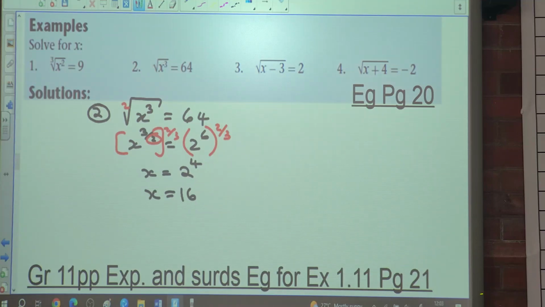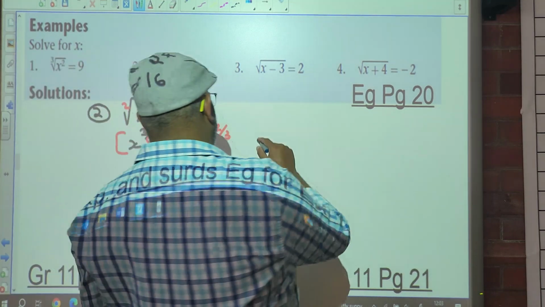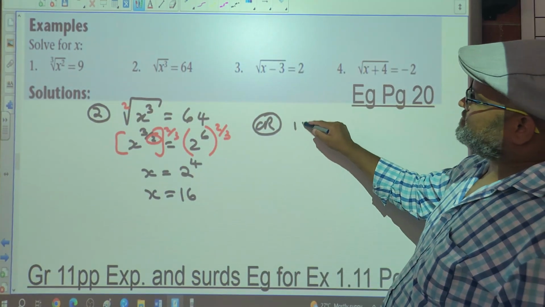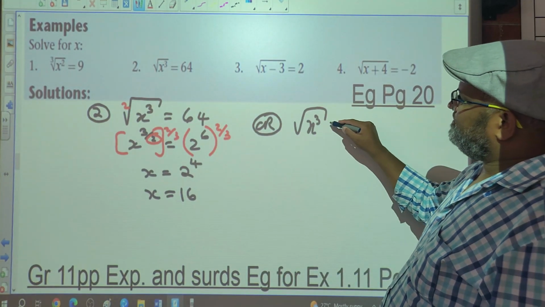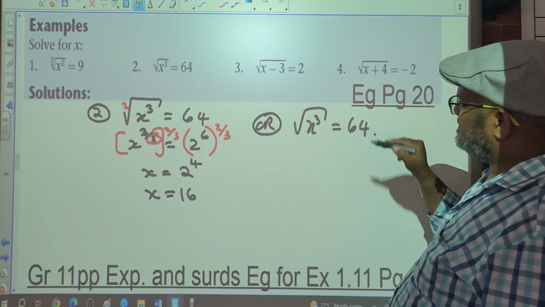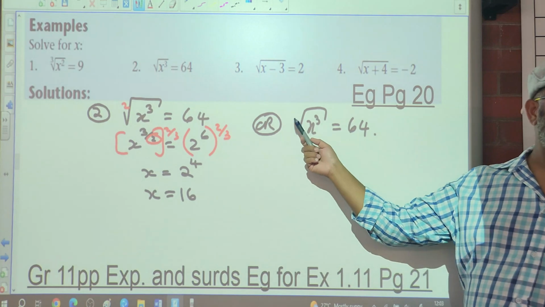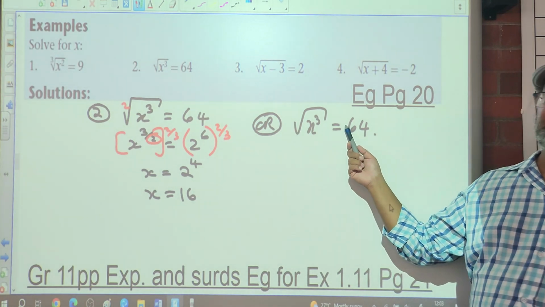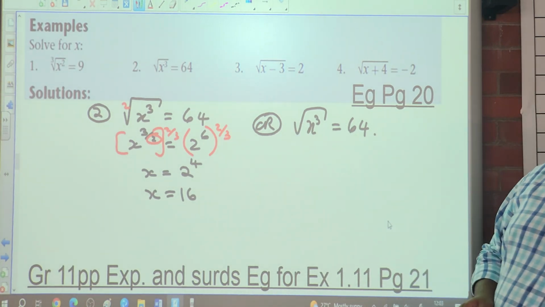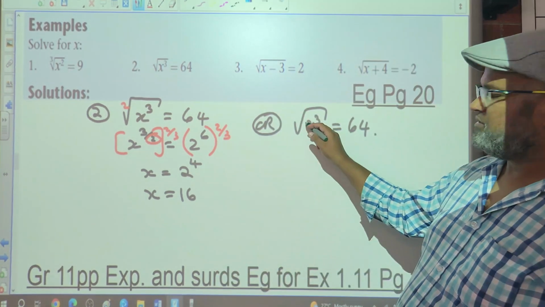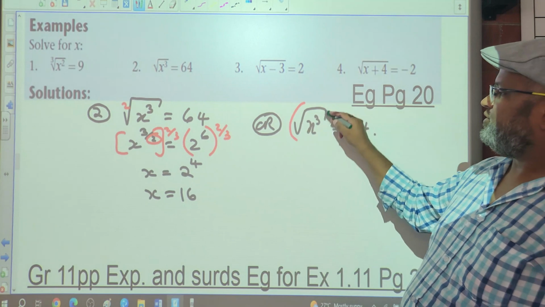There's one other way I could have done it. The square root of x cubed equals 64. From a square root or any even root, you'll never get a negative number. Is it a negative number? No. So I can proceed. So how do I get rid of the square root? Square both sides.